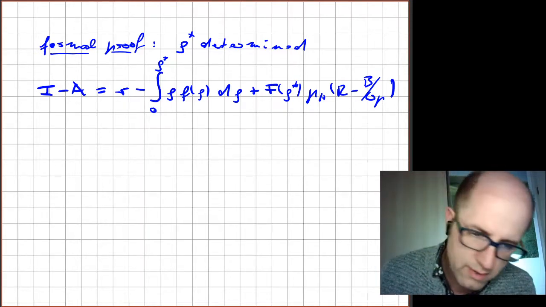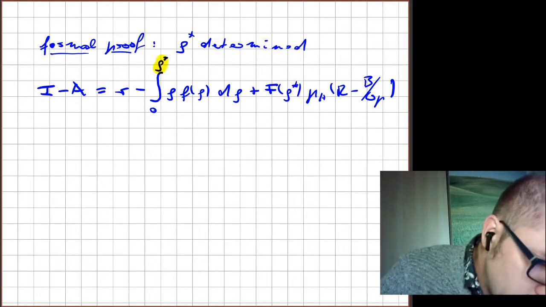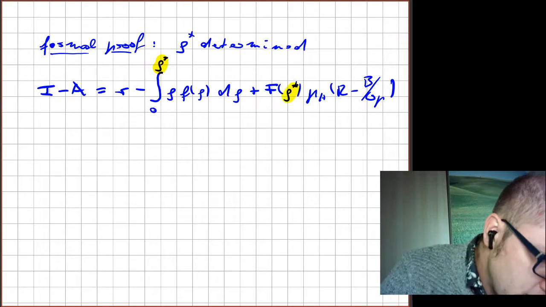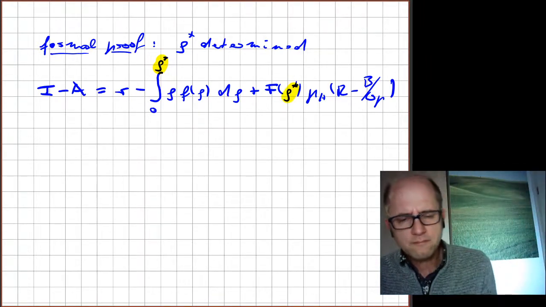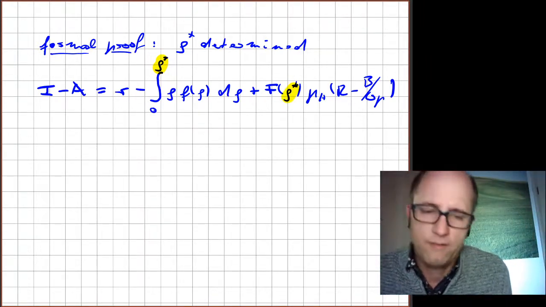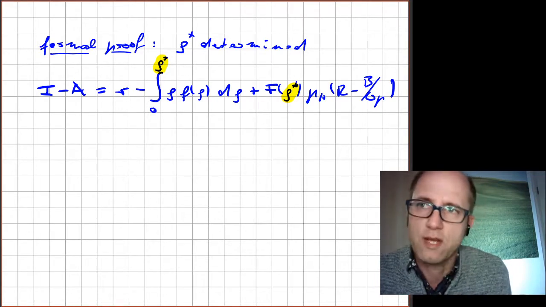Actually, what we can do is we just say, okay, this rho star occurs here and here. That's actually a function of A, depends on A.